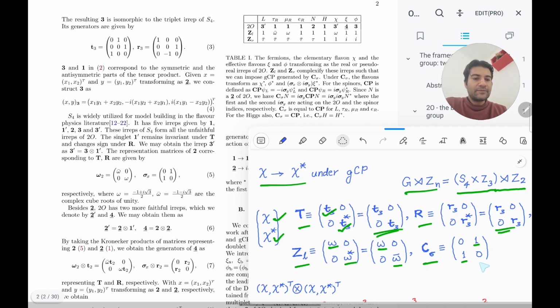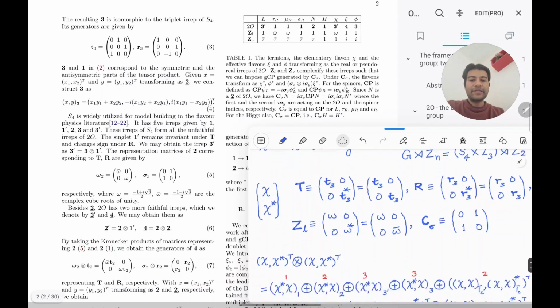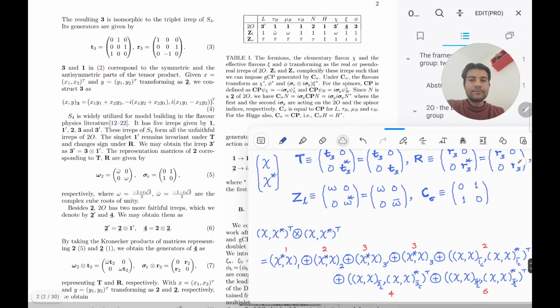So we have this 6 by 6 matrix representing generalized CP. Now all these 4 generators, T, R, ZL, and C sigma, they generate the group S4 cross Z3 cross semi-direct product Z2.